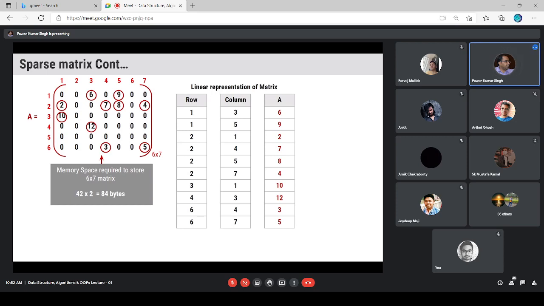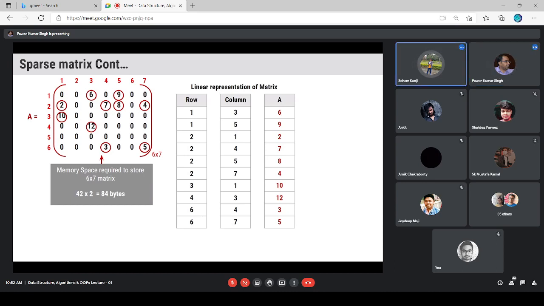So how much space do I require now? How many bytes? Any idea? 60. Why 60? What I have told, for linear representation of the sparse matrix, we require three fields: the row, column, and the value.